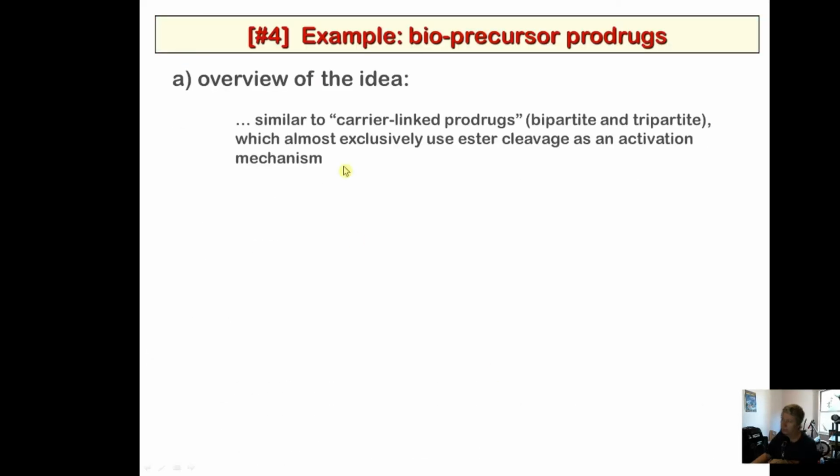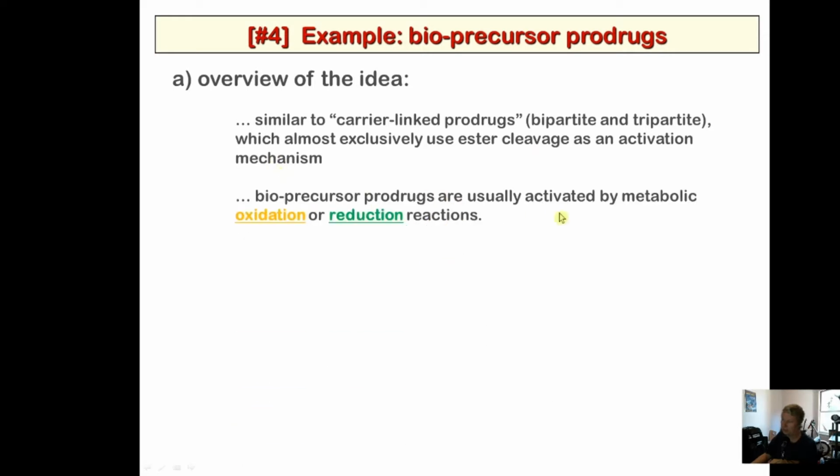Okay, so the overview, similar in concept to the carrier-linked prodrug strategies, which use ester cleavage as an activation mechanism. Here we're going to use reactions like oxidation or reduction. So these might be P450 mediated reactions that we've talked about before when we discussed metabolism.